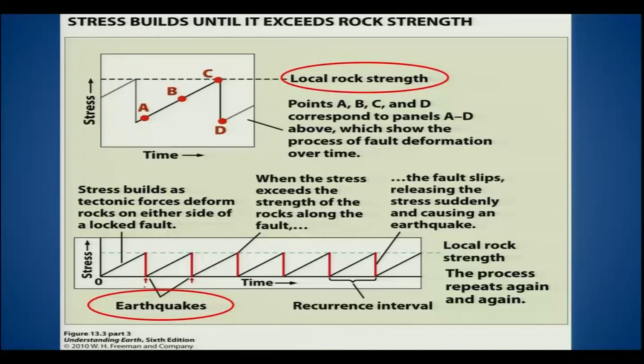But the time will come when the rocks will slip. This sudden slip is your event, and this is what has been shown here. So, you have the earthquakes here, and the lag between these two events is your recurrence interval.